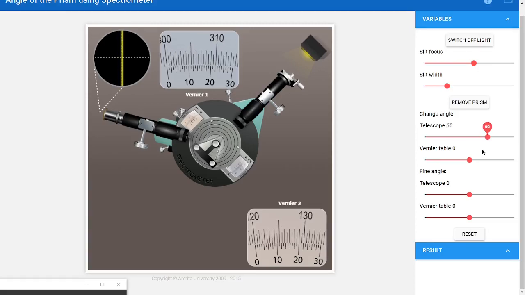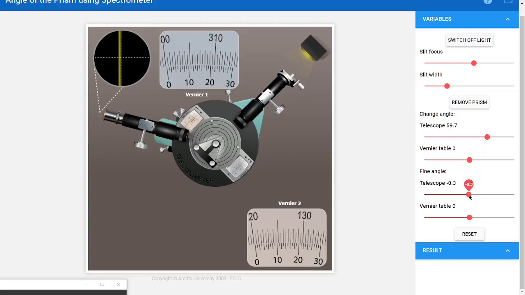Okay, so it is going apart, so let us use the fine angle. This is my fine angle tuning.